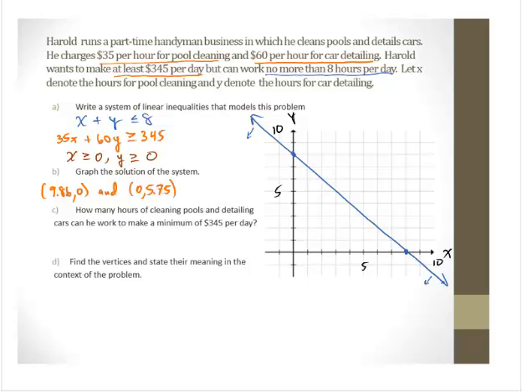Alright, so let's plot those points. We have (9.86, 0), so that's about here. And we have (0, 5.75), so that's here. And we'll again draw a solid line through those points.